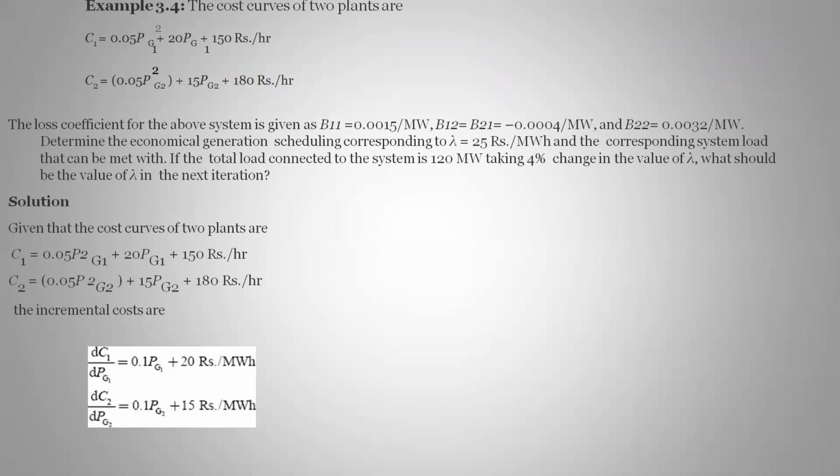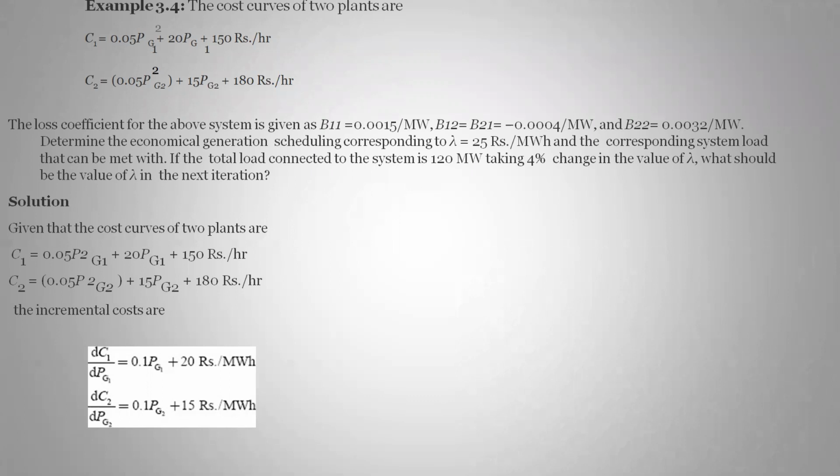Determine the economical generation scheduling corresponding to lambda equal to 25 rupees per megawatt hour and the corresponding system load that can be met with. So you are calculating the two power generating stations Pg1 and Pg2, and the total load connected to the system is 120 megawatt, taking 4% change in the value of lambda.